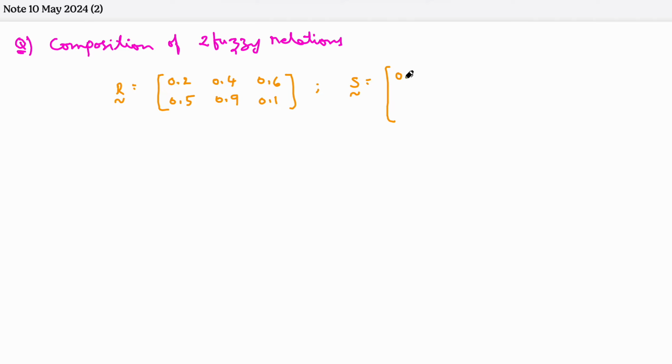So it is a 3 by 3 matrix, maybe 0.9, 0.6, 0.7, 0.1, 0.4, 0.8, 0.9, again 0.1, and maybe 0.2.